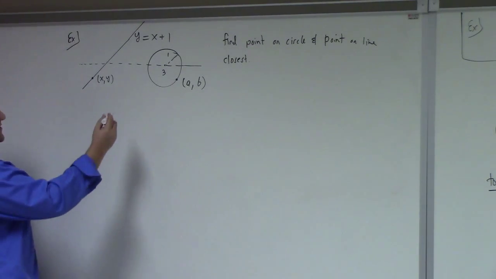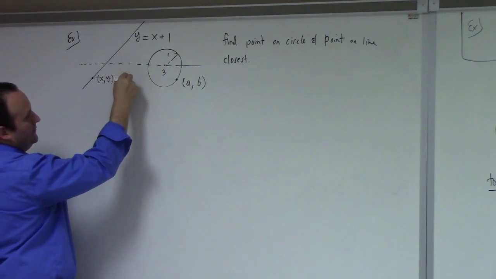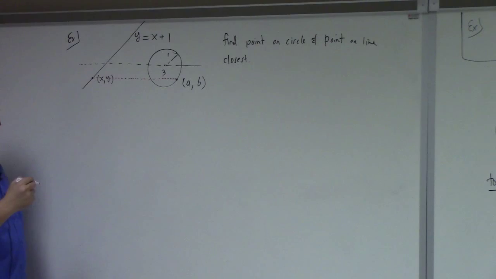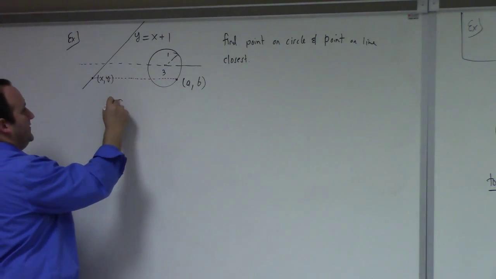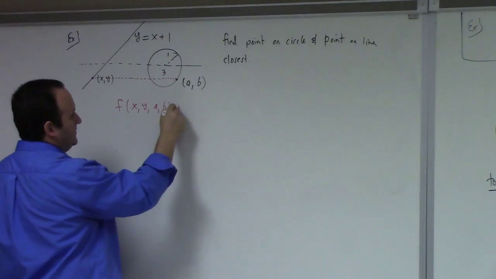Let's see here. And so what you're trying to minimize. Bad choice in labeling. You're trying to minimize this distance, right? But as we all know from our previous experience with optimization, it's better to minimize the distance squared. So our objective function is a function of x, y, a, and b.